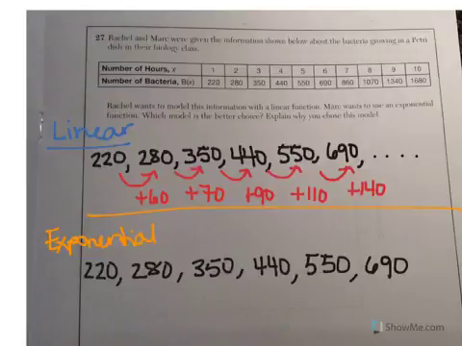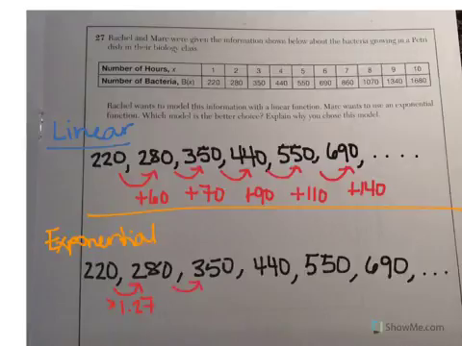Okay, so here are my y values, and what I'm going to do is divide 280 by 220 to figure out what I'm really multiplying by. So 280 divided by 220 is 1.27. So that's what I'm multiplying by.